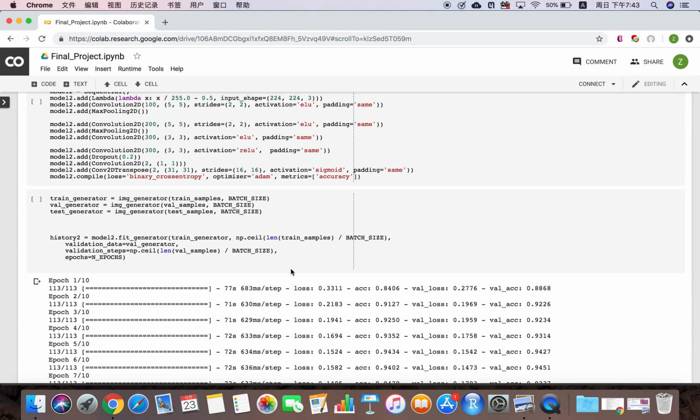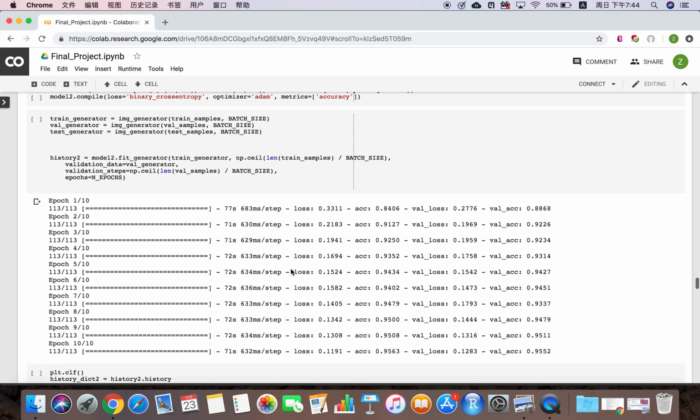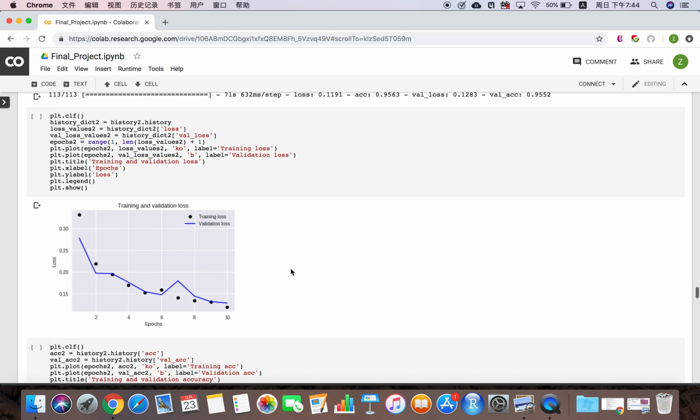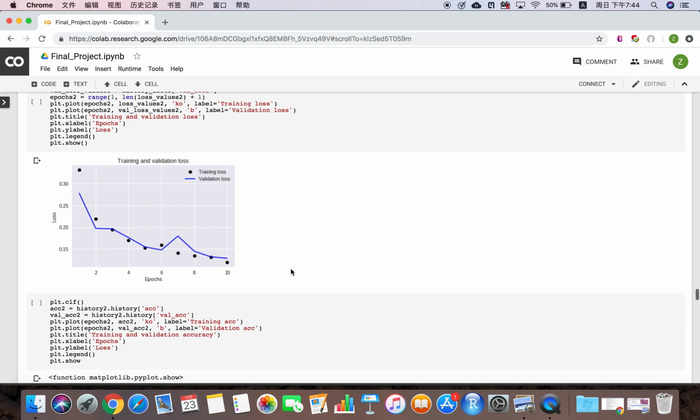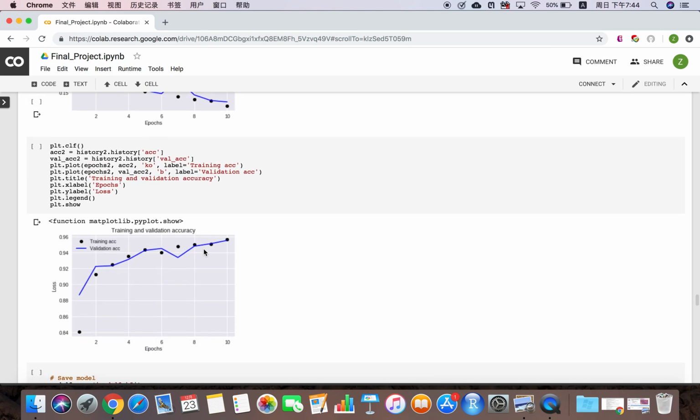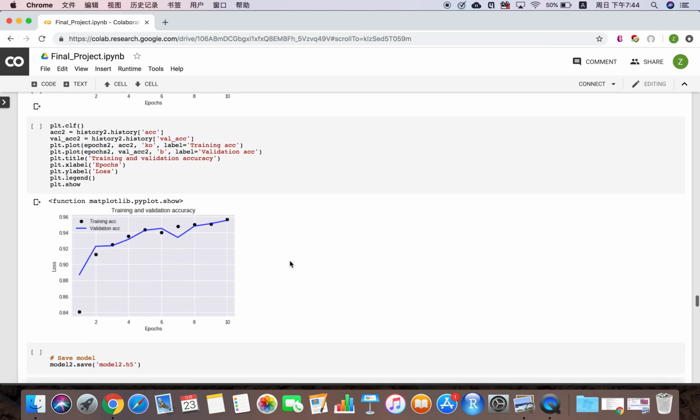Here I used all 5,000 samples and divided them into train, validation, and test sets. Here are the results. We can see the overfitting issue is greatly solved, and the accuracy is better.